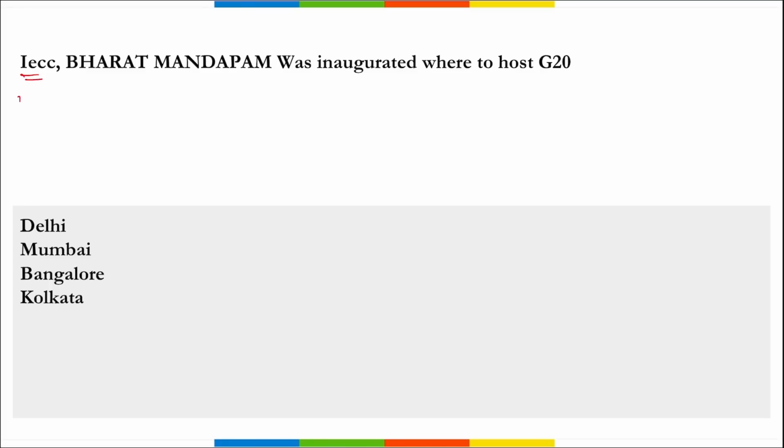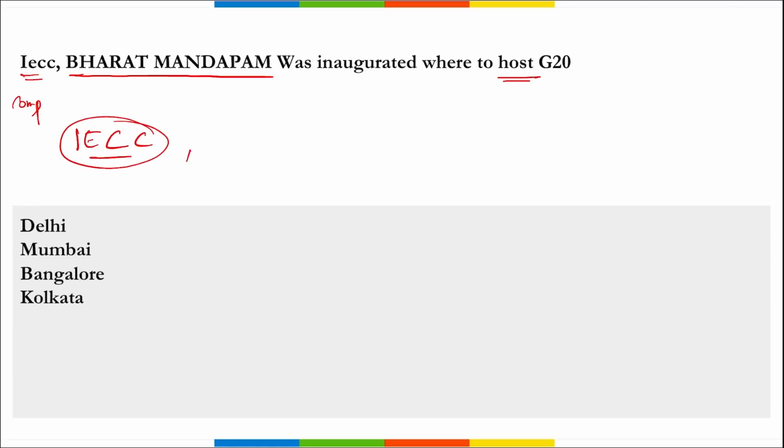First is IECC. Recently, remember, the IECC complex by the name Bharat Mandapam was inaugurated to host the G20 meet. So where was this inaugurated? Remember this IECC complex. What is this IECC? It is International Exhibition Cum Convention Center, right?